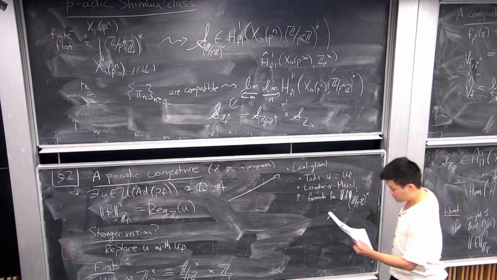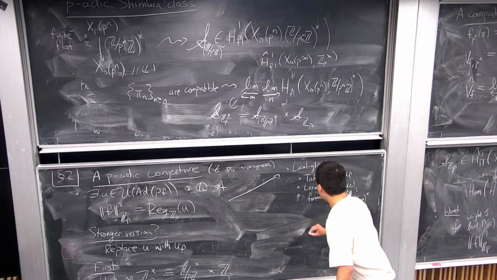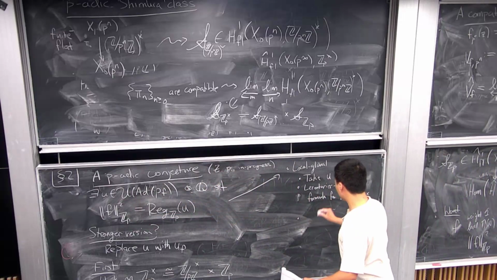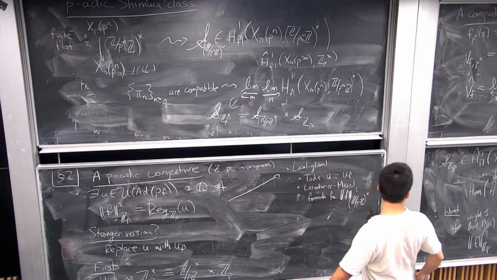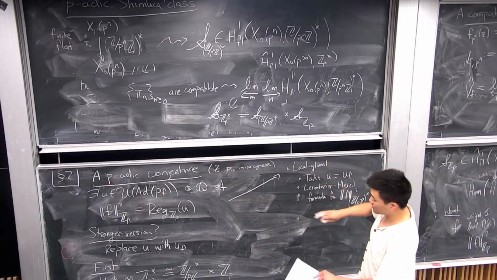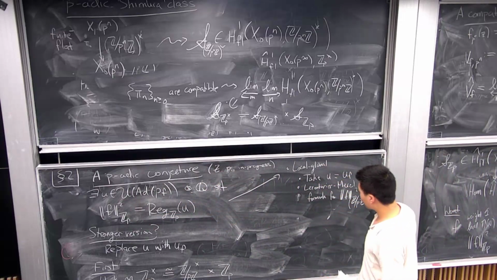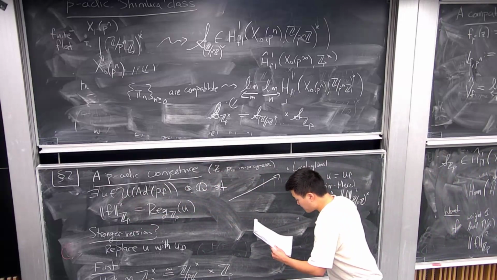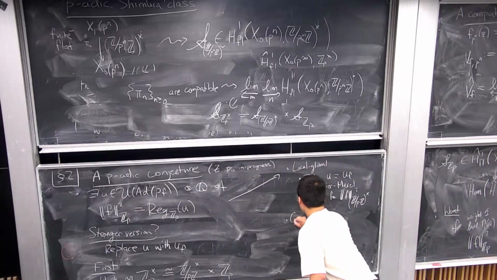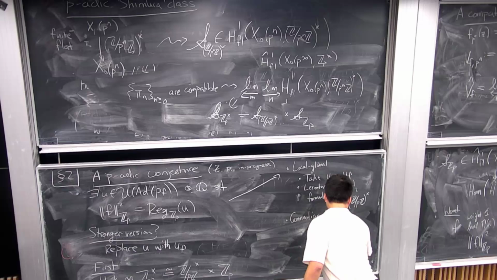And yeah, I think there's a chance for this to be explicit, even if you just look at, say, p squared over X1, p squared over X0, p squared. I expect this to have some interesting connection to p-adic L-functions. I don't know what.